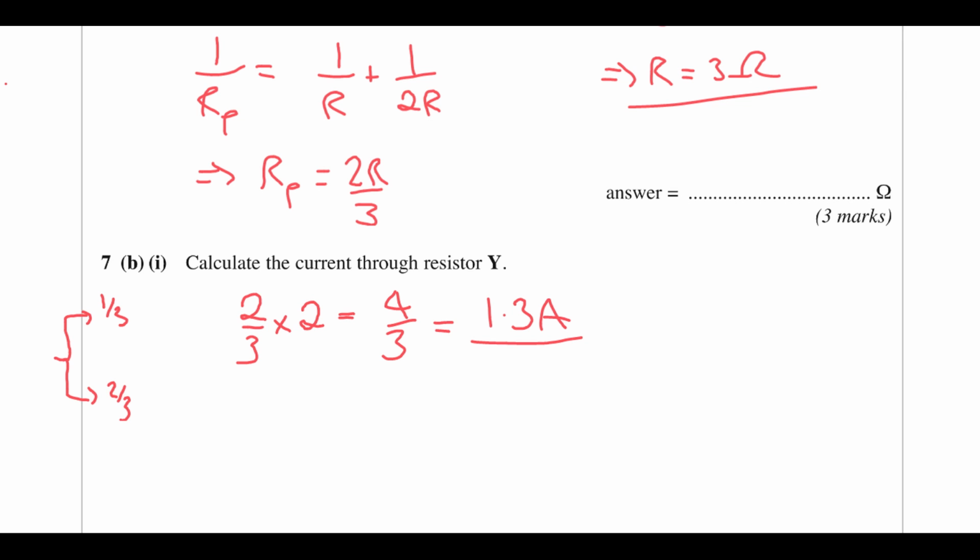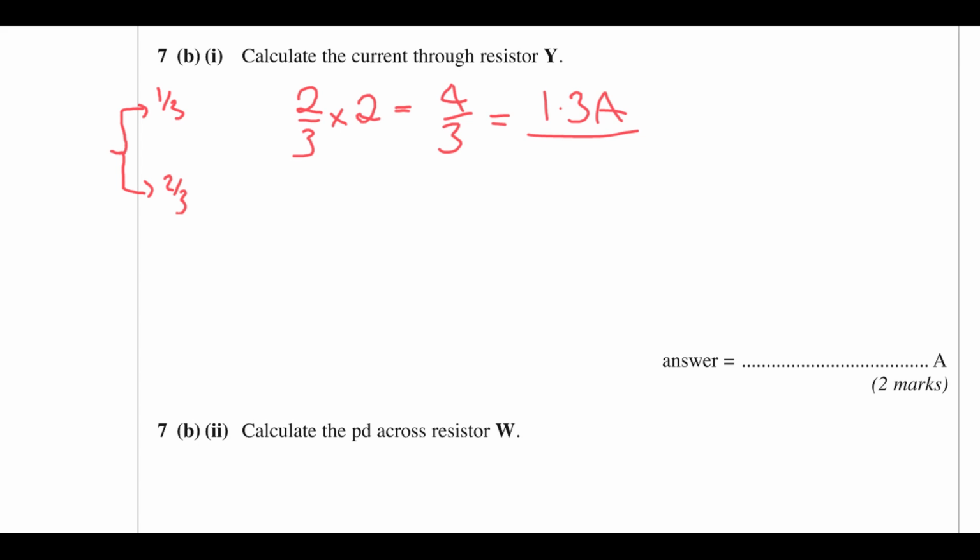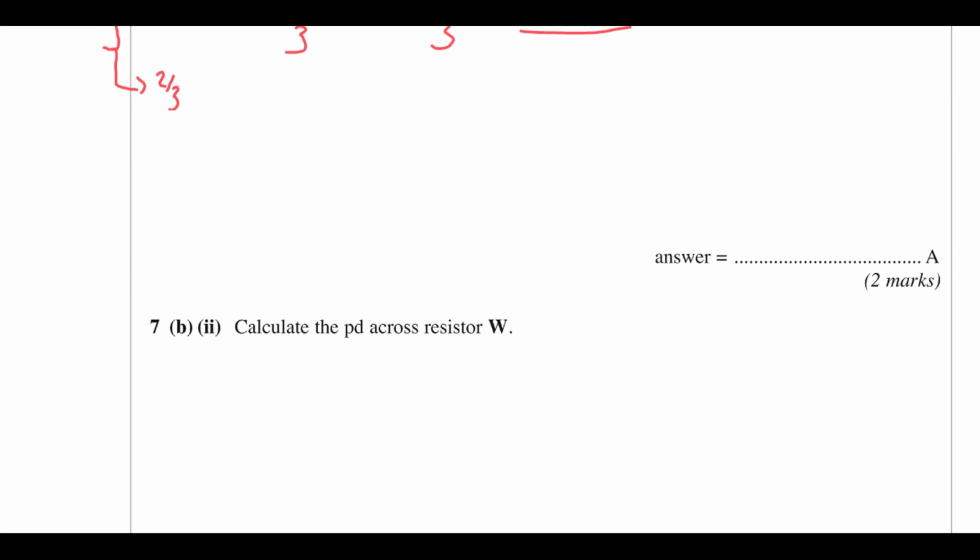Then it wants us to work out the potential difference across resistor W. So we know the current through it is going to be 2 minus that, so is 0.67 amps.